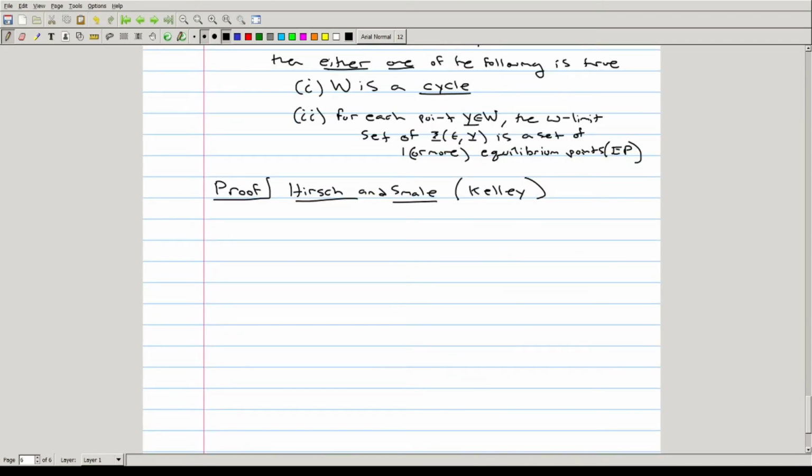So let's go through and see how to use this for a slightly more complicated example that's related to the previous problem.